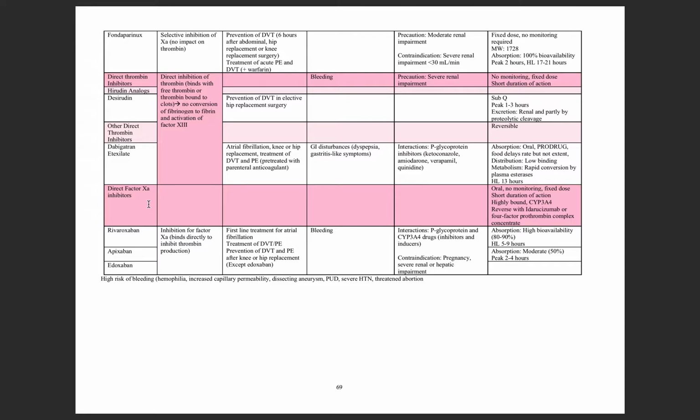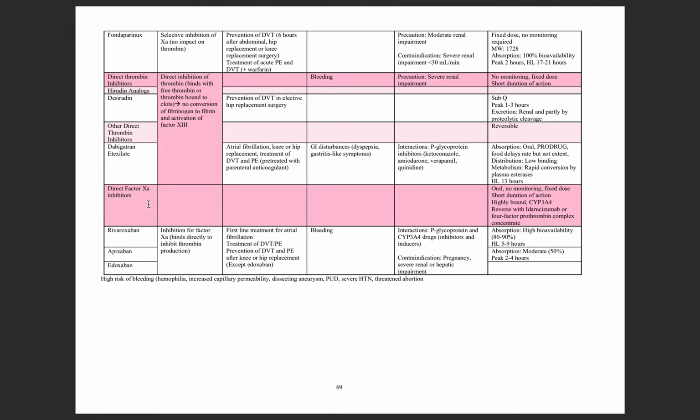For direct factor 10A inhibitors, these are your xabans. These are the new oral anticoagulants. This is rivaroxaban, apixaban, edoxaban, and they're going to bind factor 10A, which stops thrombin and fibrin from forming.